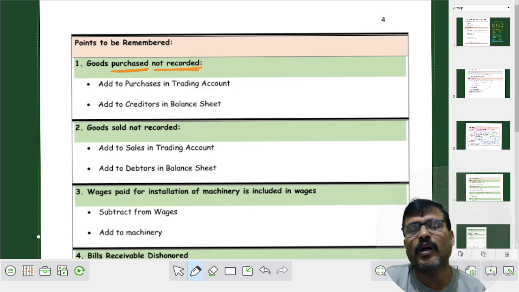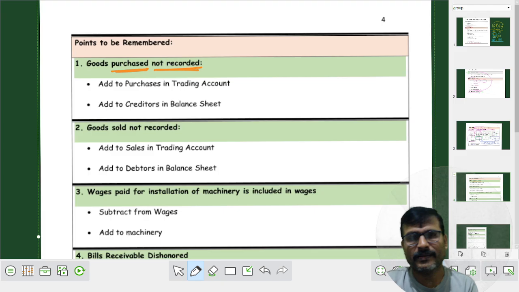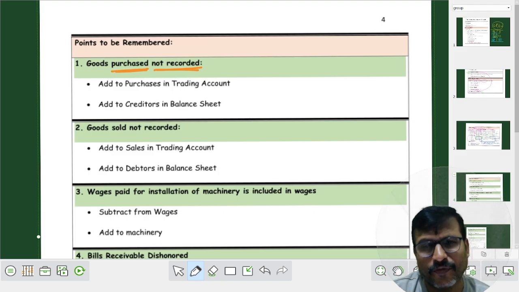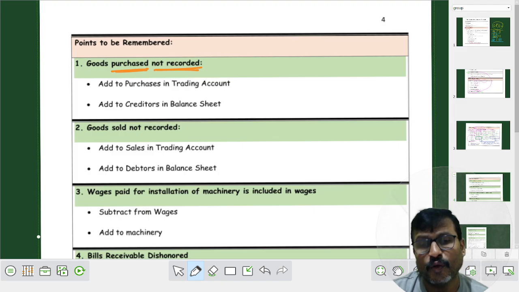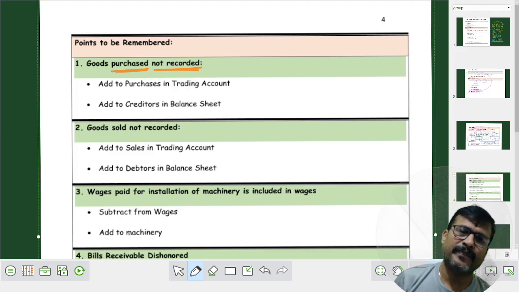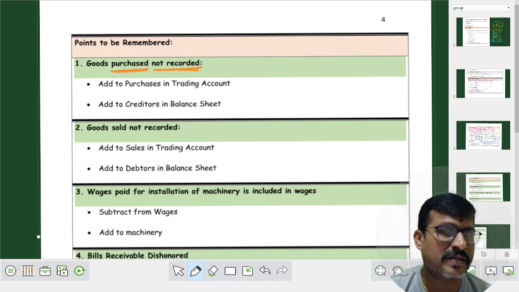Please go through all those 23 points and make a physical note of it. Otherwise, I put the same PDF in the description box. You can take a printout of it for your further reference.